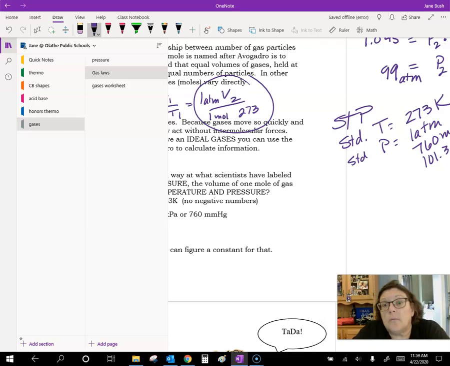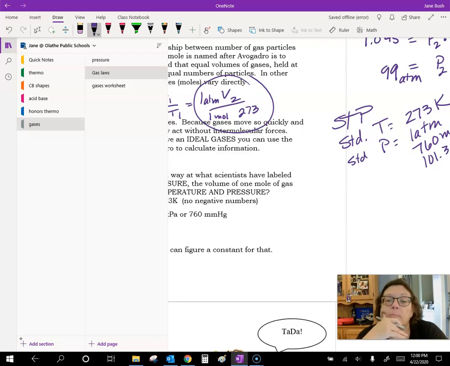Here's where Avogadro comes in. Avogadro figured out that at standard temperature and pressure, if you have the same temperature and pressure of a gas, one gas to another will have the same volume. So everything else is the same. The volume, even if they have different masses, will be the same.